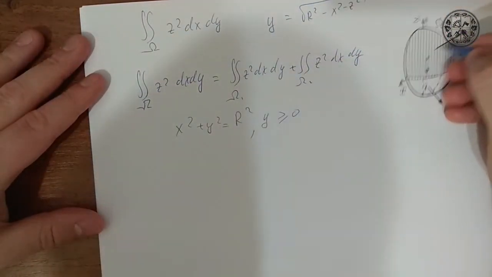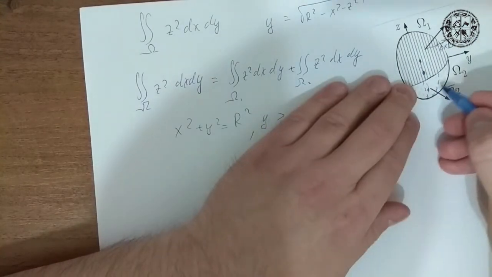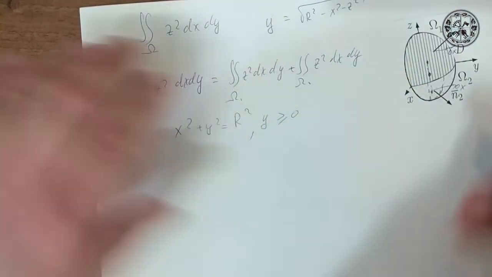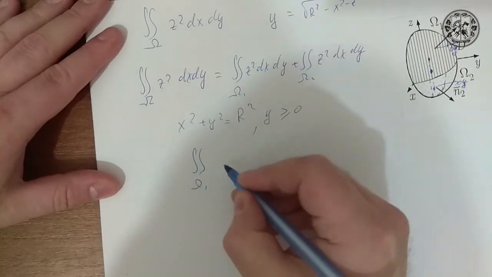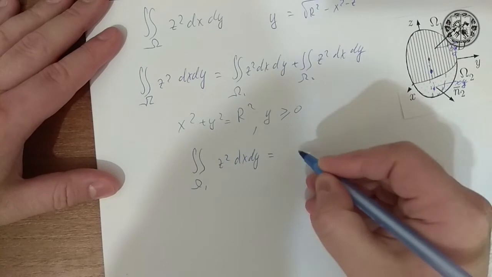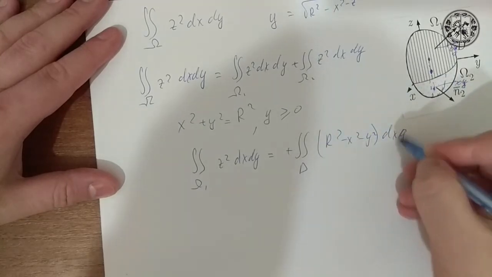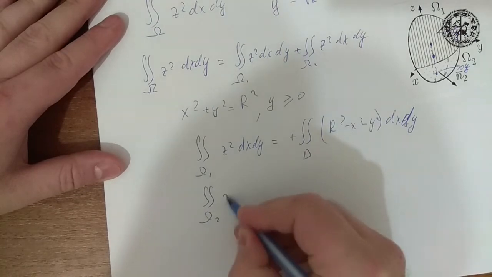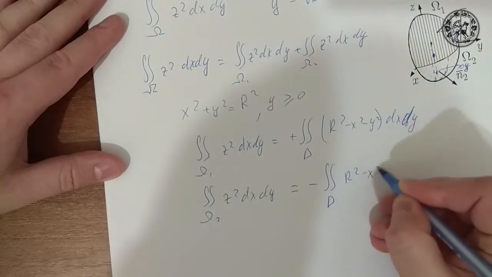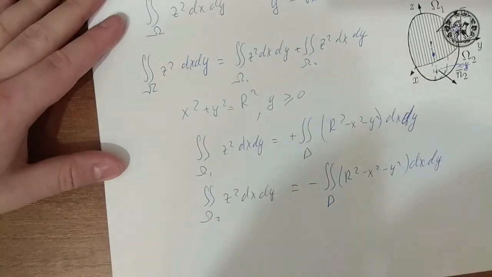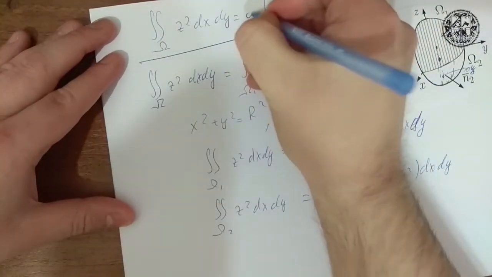And this vector forms a positive angle with the coordinate axis, and this vector forms a negative angle with it. So the integral by omega 1 of z squared dx dy will be plus the integral by D of r squared minus x squared minus y squared dx dy, and the integral by omega 2 of z squared dx dy will be minus the integral by D of r squared minus x squared minus y squared dx dy, and these two integrals will provide us with the same value but with different signs, so this integral will be 0.